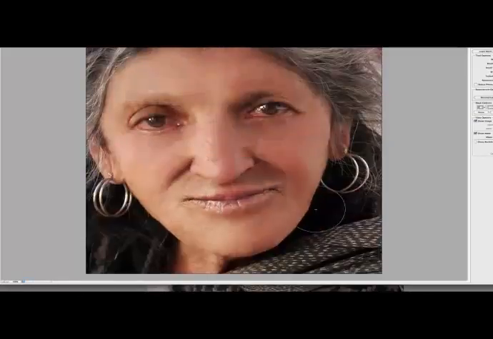Look at this picture to see what Photoshop can do. A picture is worth 1,000 words.